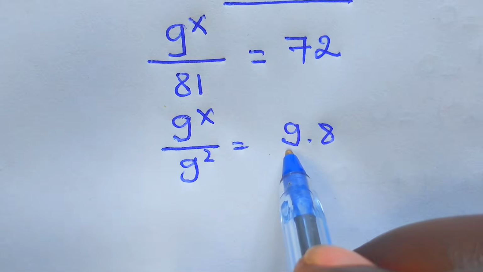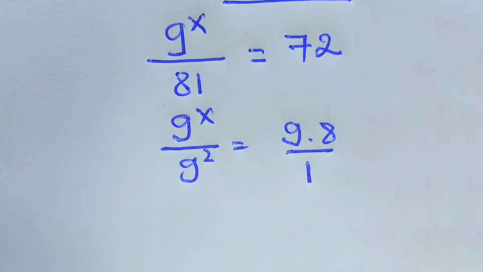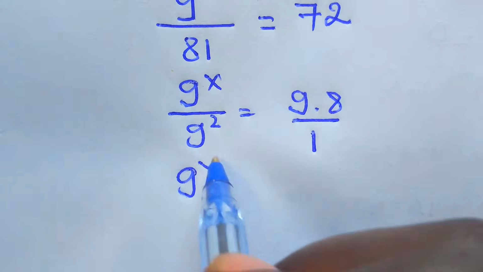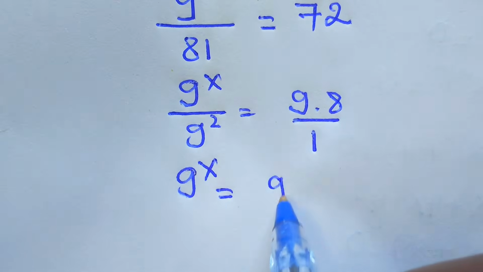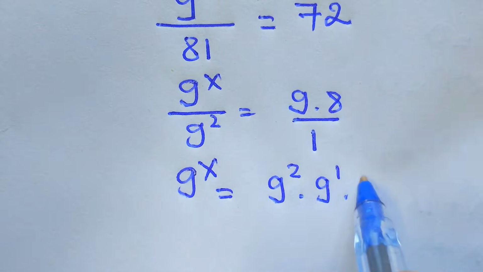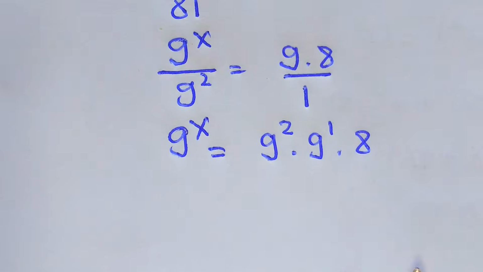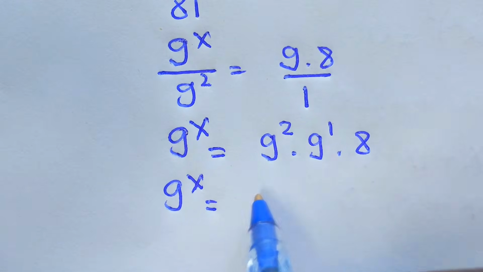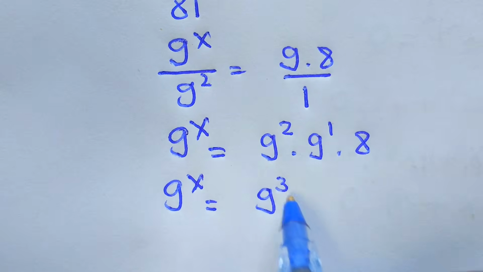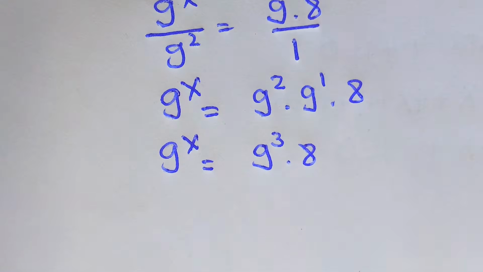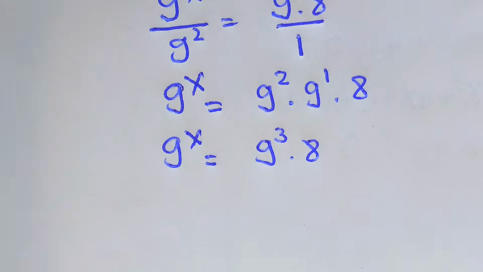And of course here we have to make cross multiplication to get 9 power x equal to 9 squared times 9 power 1 times 8, which is 9 power x equals 9 power 3 times 8. So at this stage here we are allowed to apply logarithm.